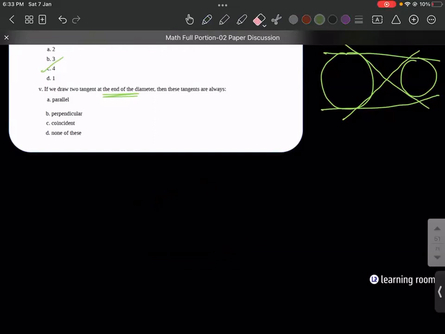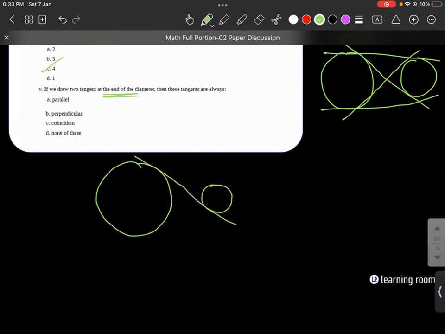This is a circle. This is a circle. This is a tangent. This is another tangent. This is a tangent. And this is another tangent. So, the red color mark, this tangent and this tangent will be parallel to each other only if the circles are of equal radius.